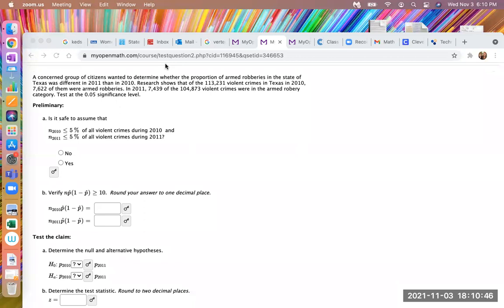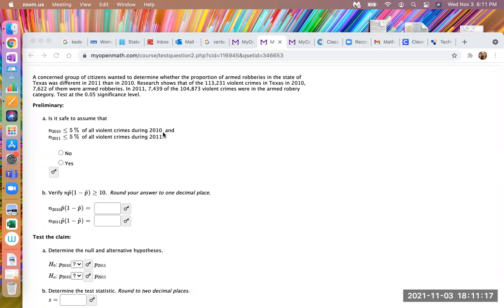So first they say test, do the preliminary work. That is the number sampled. Oh, and we can actually check this now. The number sampled in 2010, is that less than 5% of all violent crimes in 2010?